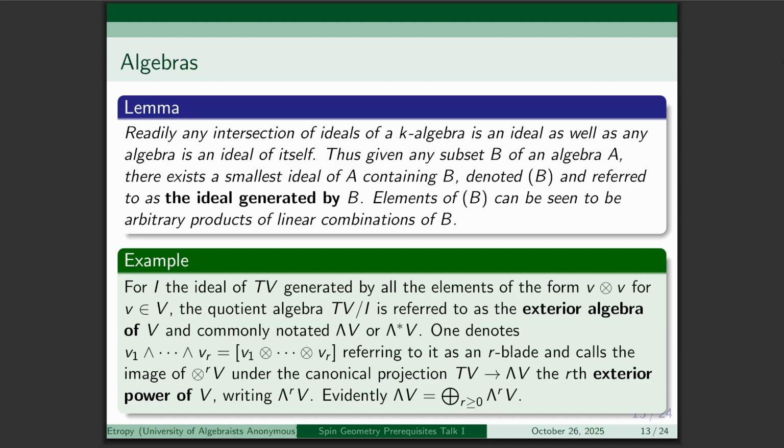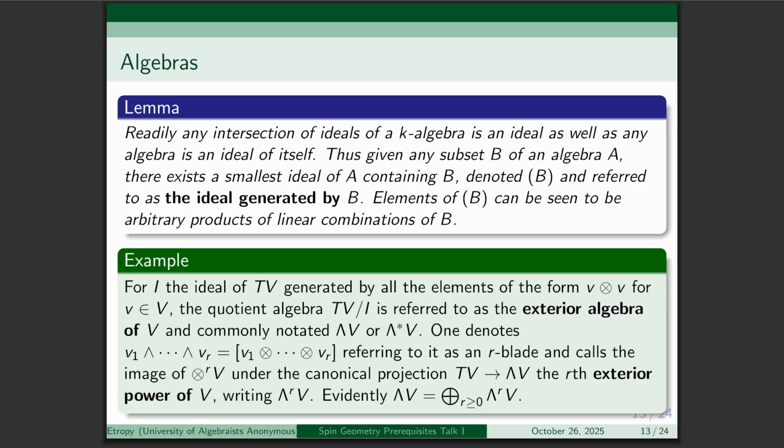What we obtain then is called the exterior algebra, and elements there are equivalence classes of a tensor product of some vectors in V. The notation one uses is to denote the whole algebra by capital lambda V, and elements by replacing, upon taking the equivalence class, the tensor product with wedges. One calls these elements V1 wedge, etc., wedge VR, the R-blades of the vector space.